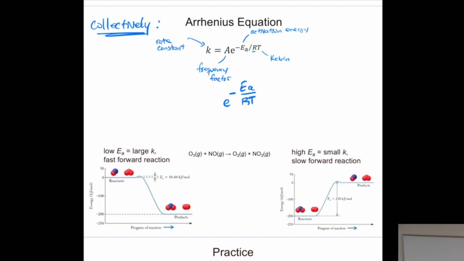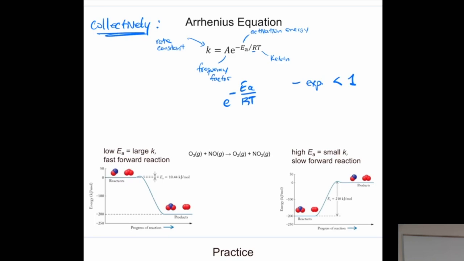It's always less than 1. So a negative exponent is always going to be a number that's less than 1. Now A, just think of A as a scalar. It's some frequency factor. We're not going to be dealing with it at all. Just think about it empirically in your mind, what it means. But that's just a multiplier.